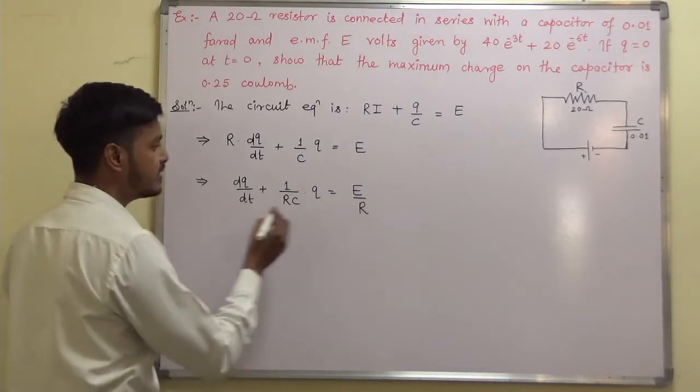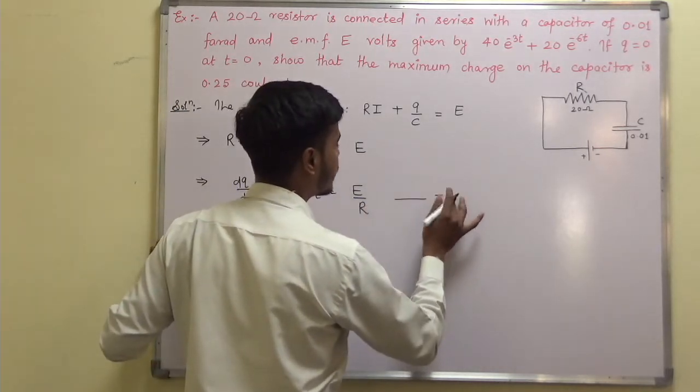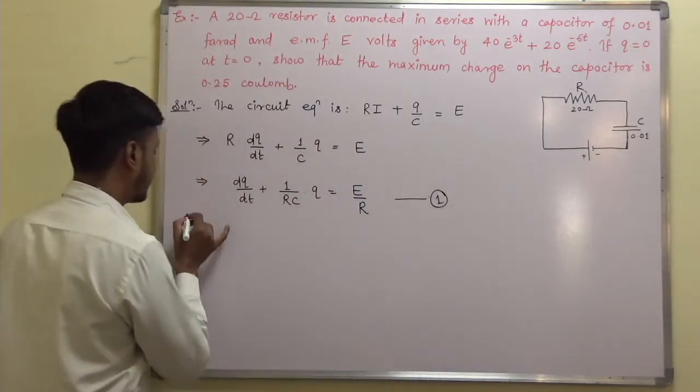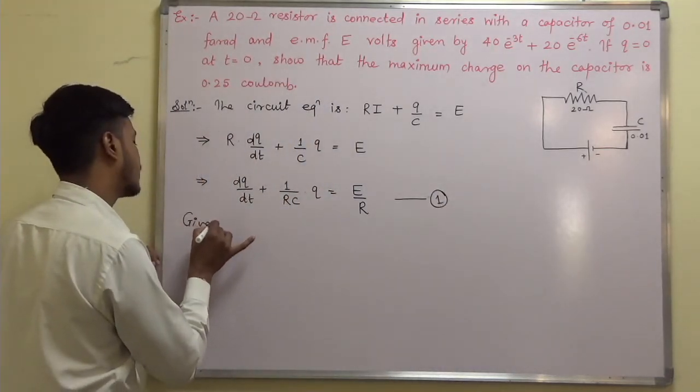So say this is to be my equation A or equation 1. What is given?